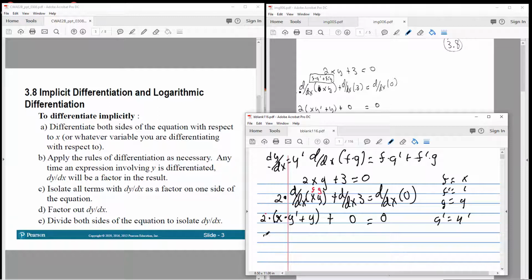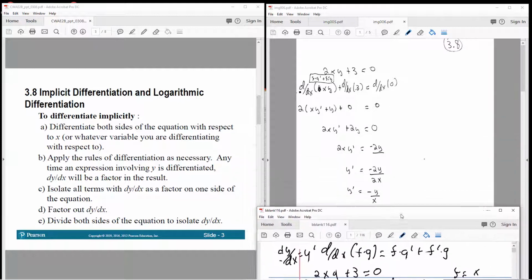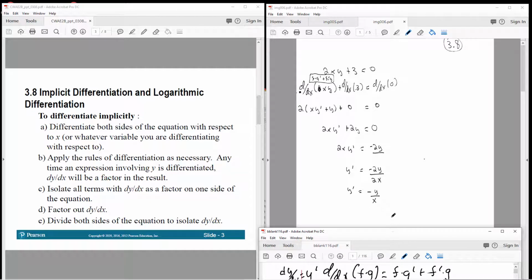So I'm going to have 2x y prime plus 2y is equal to 0. And from there, you can see what they did next.